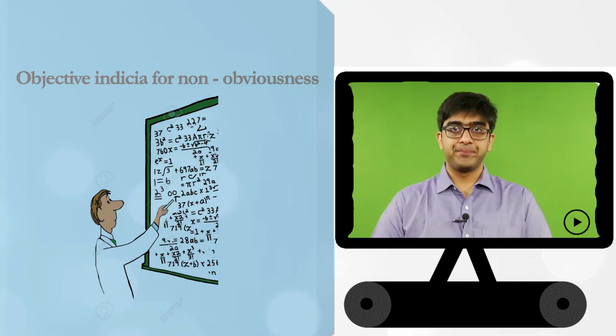Another method through which the courts have tried to avoid the hindsight bias is by developing some objective criteria for non-obviousness. You would appreciate that these tests for obviousness, as to what is obvious, what was the natural suggestion, did something lie in the path of what was already known before, are very subjective. One person might believe that something is obvious, while another person might believe that the same solution is non-obvious.